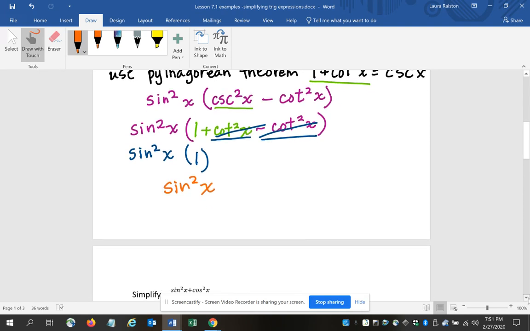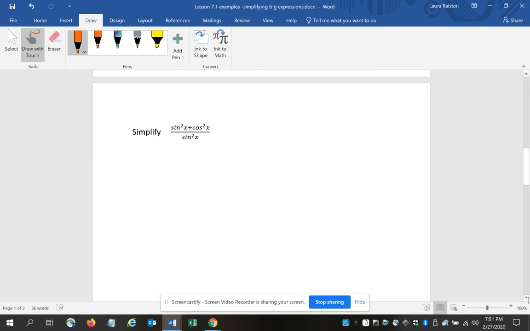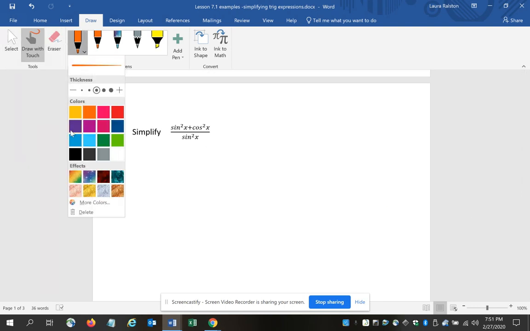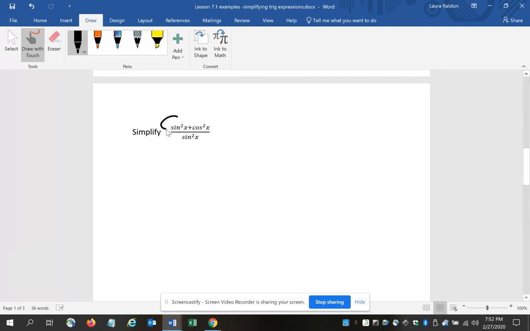Okay, next example. We have sine squared x plus cosine squared x, all divided by sine squared x. Now here again, there are a variety of ways that you can begin. The thing that jumps out at me initially is this sine squared plus cosine squared in the numerator.